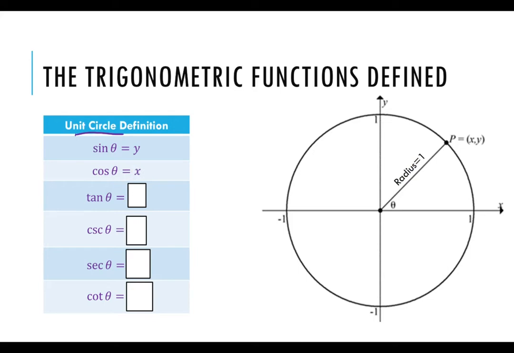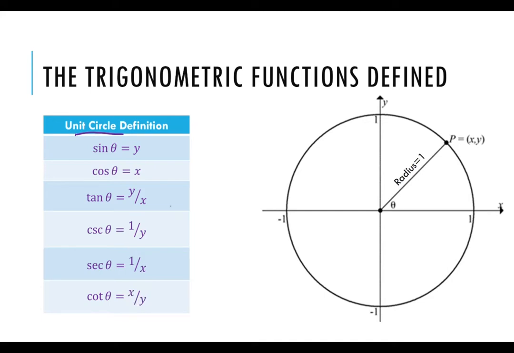Tangent of theta is equal to y over x. Cosecant of theta is the reciprocal of sine of theta, so it's 1 over y. Secant of theta is the reciprocal of cosine of theta, which is 1 over x. And cotangent of theta is the reciprocal of tangent of theta, which is x over y.